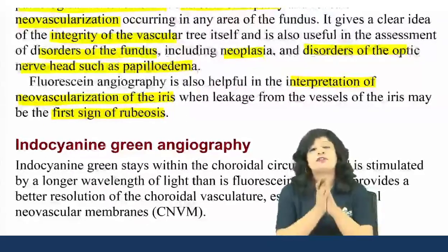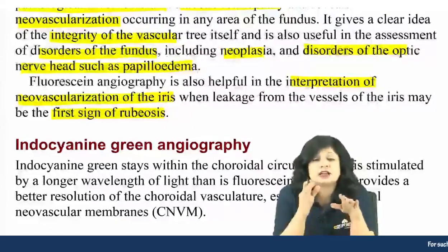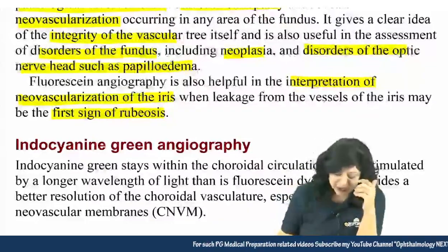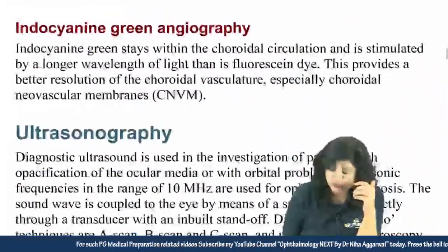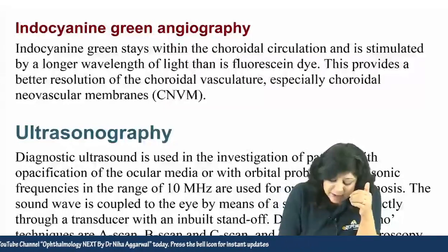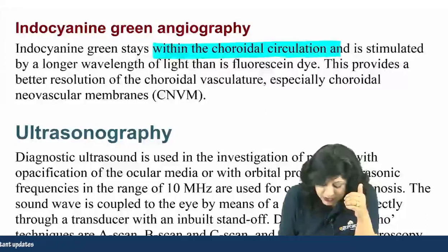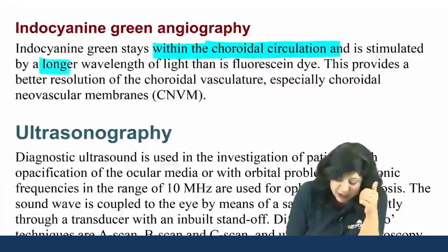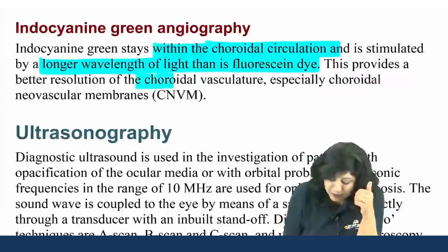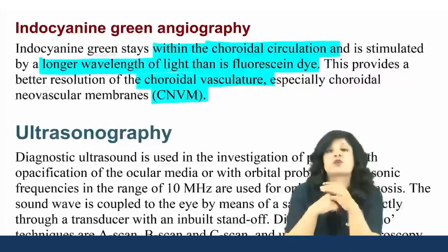Now when it comes to the choroidal circulation, there is another kind of angiography which is preferred, and that is indocyanine green angiography. A line about this also. This is the dye which stays within the choroidal circulation and is stimulated by a longer wavelength of light than the fluorescent dye, and therefore it provides better resolution for choroidal vasculature as well as the choroidal neovascular membrane.